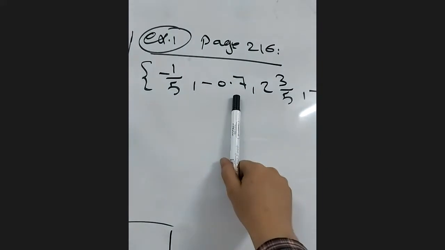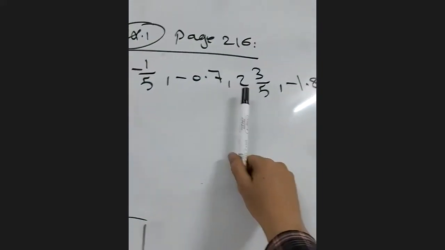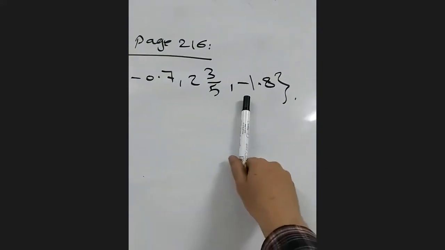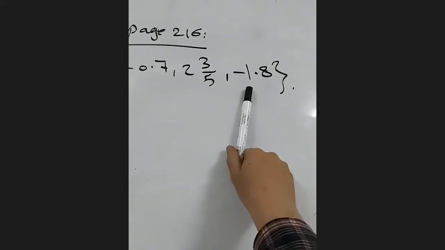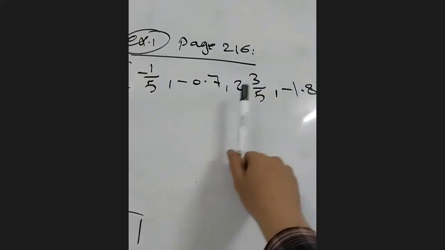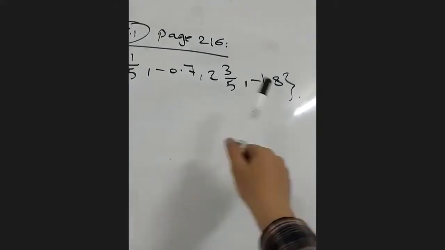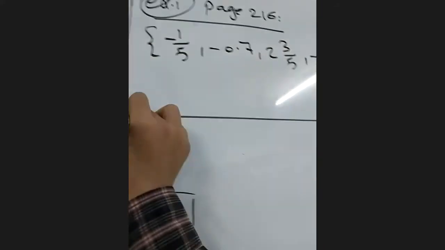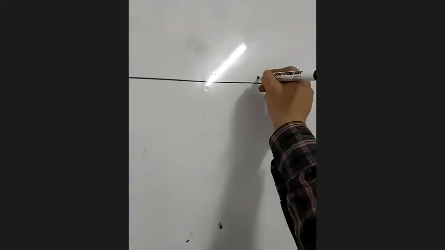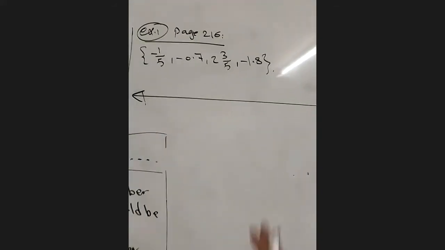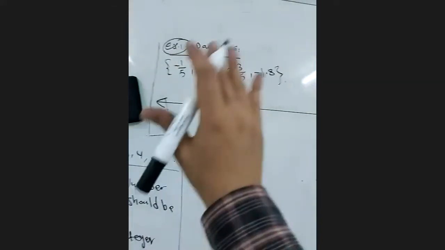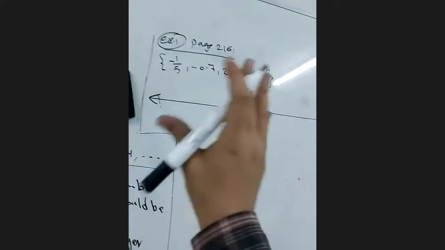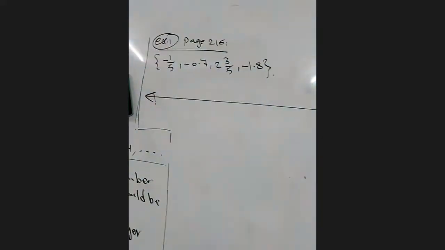We can write negative 0.7 as negative 7 over 10. We can turn negative 1.8 into a fraction: negative 1 and 8 over 10. So all of these numbers are rational numbers. Now to graph them on a number line, we need to make a number line and see where they start and where they end.